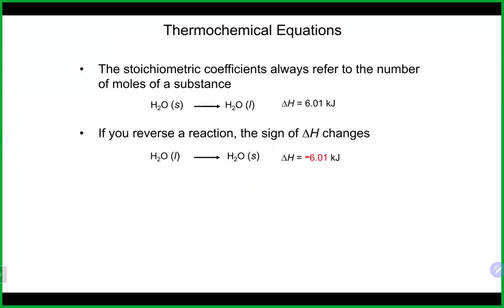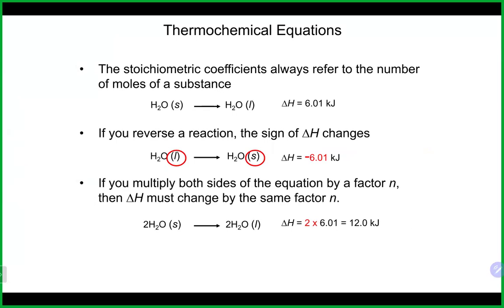All right. So the last thing we're going to talk about in terms of energy is equations and how energy is related to these equations. When you have an energy value like delta H, you can change the delta H value if you have to do something to that equation.